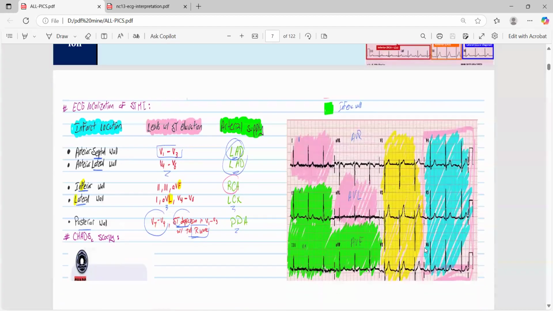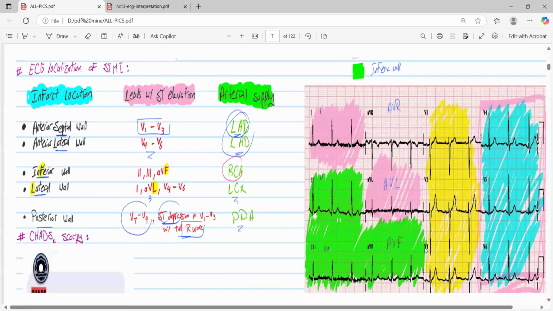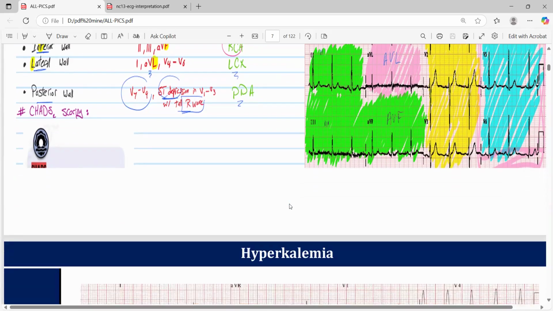So anterior septal, you can see there is the localization of how much and where you are going to see. Okay. So for your understanding, lead 1 and aVL are for the lateral, and then 2, 3 and aVF are for the inferior. 1 and 2 are for the anterior, and the septal is also 1, 2 and 3. And then 4, 5 and 6 are for the lateral leads.